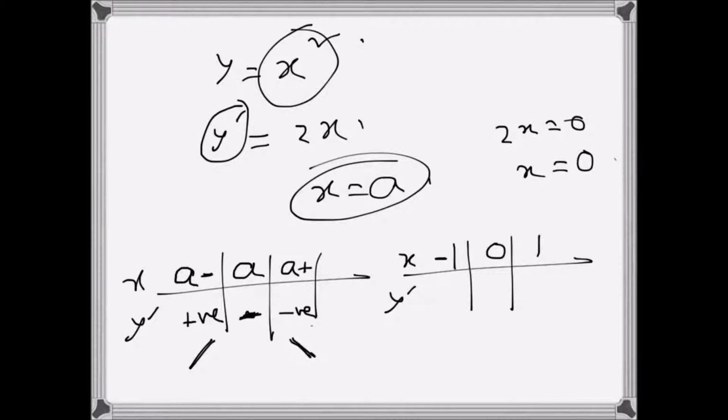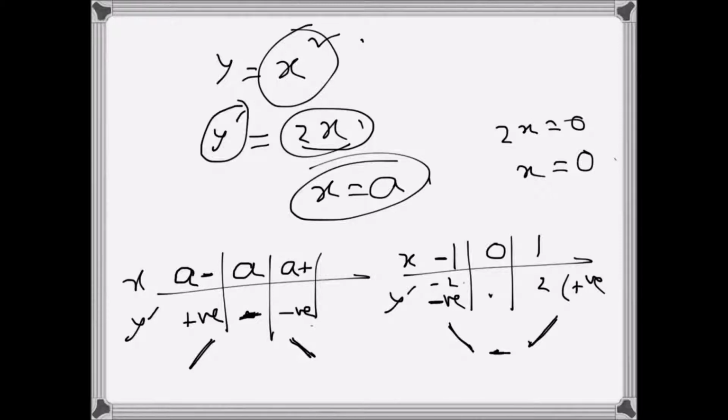At x = -1 it is negative, -2, and at x = 0 we have the stationary point. At x = 1 the value is positive, 2. So the gradient on the left slopes down and the gradient on the right slopes up, so this point is a minimum.